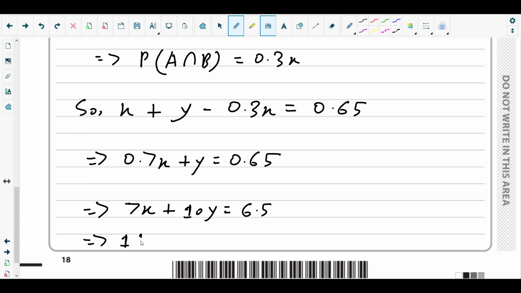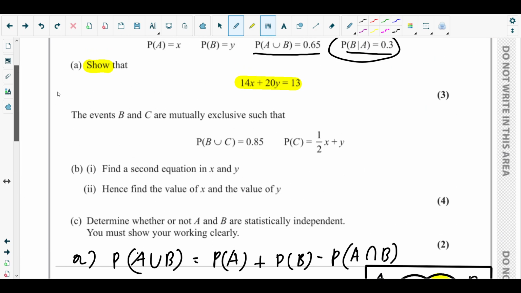So you'll get 14x plus 20y equals 13. And that's what the question in part a has asked for.